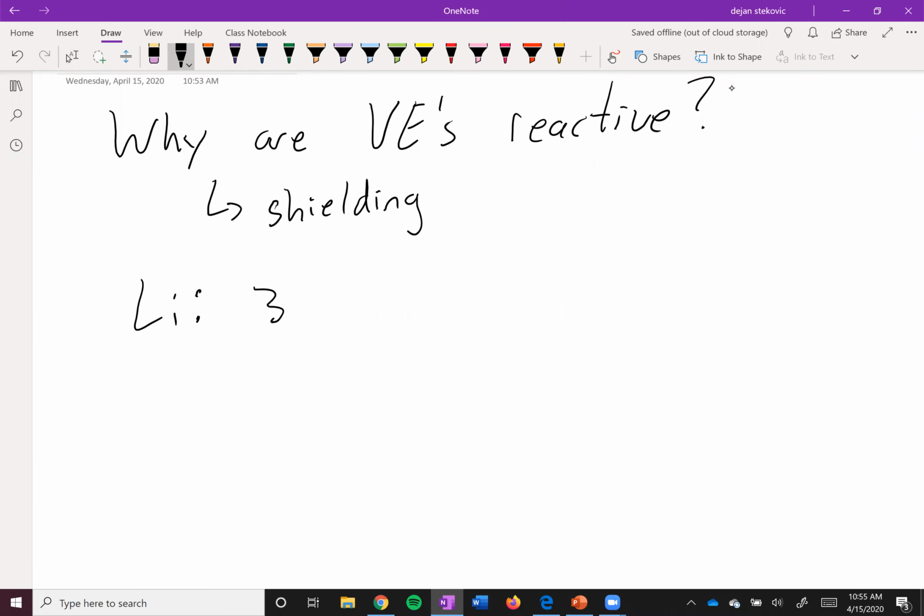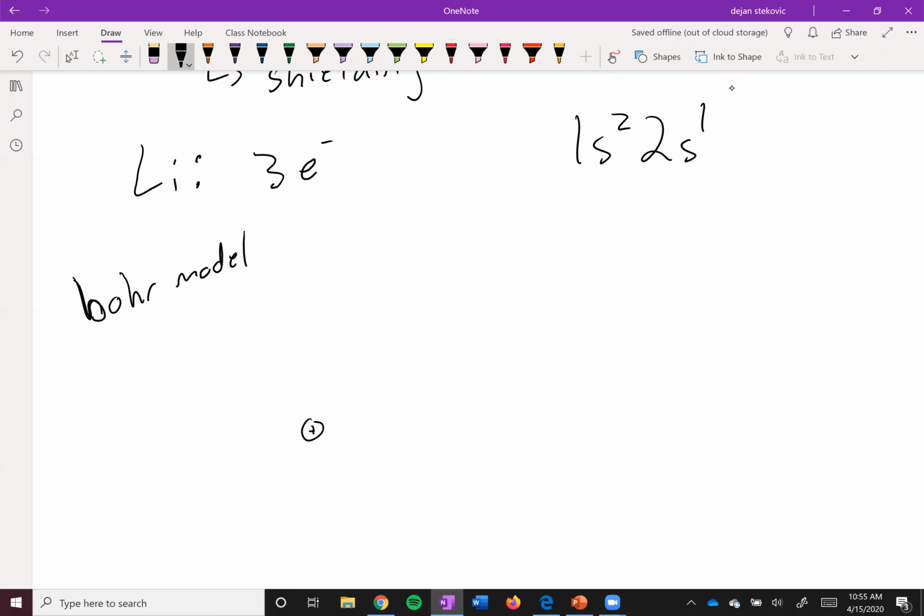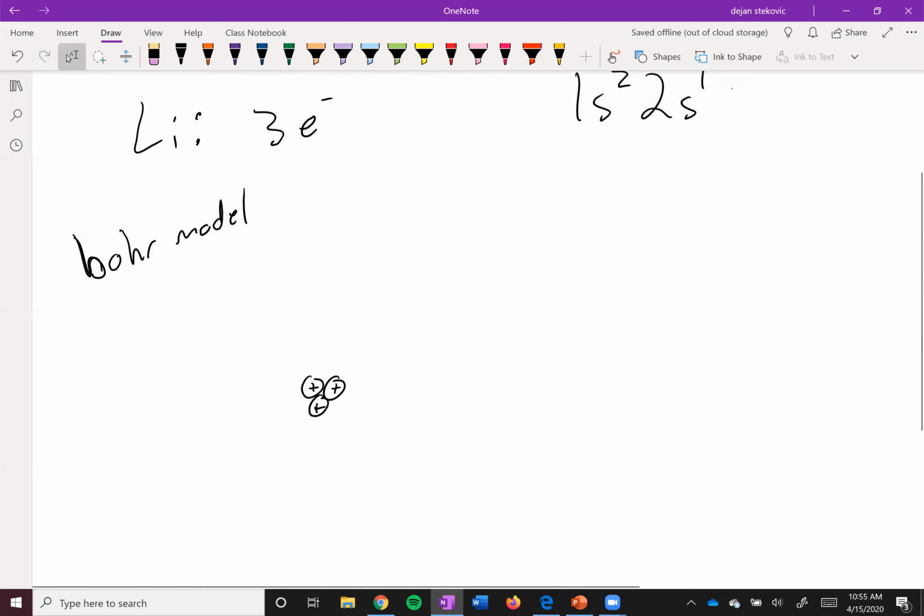For example, lithium has 3 electrons, and its electron configuration is 1s2, 2s1, right? 3 electrons there. And to really understand this, the best model to look at is the Bohr model. So remember, in the Bohr model, we've got our nucleus. This time I'm going to explicitly draw 3 protons, and I won't draw any of the neutrons. The neutrons are still there, I just didn't draw them.